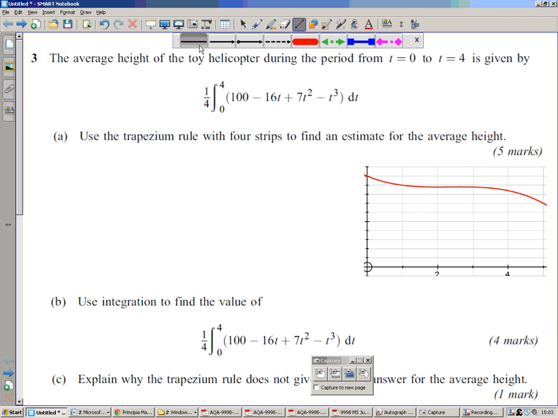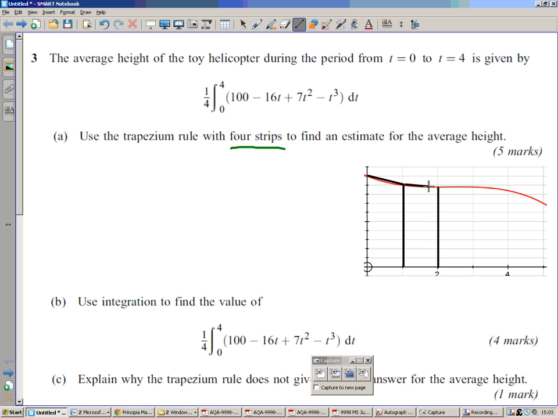So you basically draw 4 trapeziums, between 0 and 4, and effectively find and sum those areas.